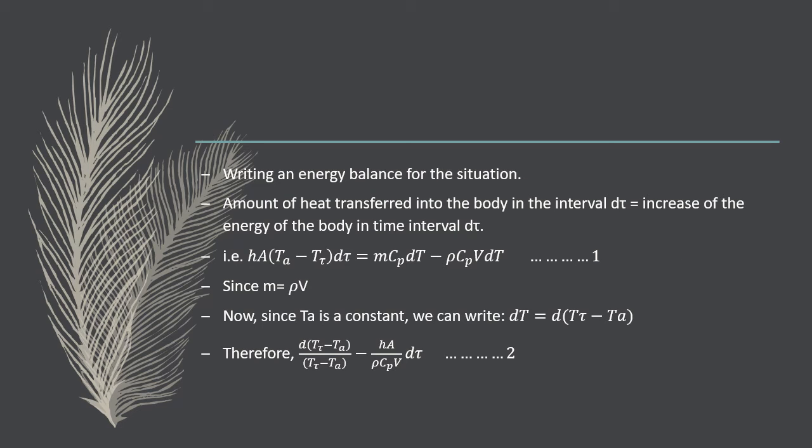Writing an energy balance for the situation. The amount of heat transferred into the body in the time interval d tau is equal to the increase of the energy of the body in time interval d tau, that is hA (T infinity minus T(tau)) d tau equals m Cp dT equals rho Cp V dT.